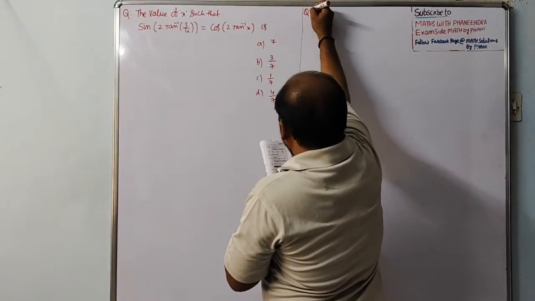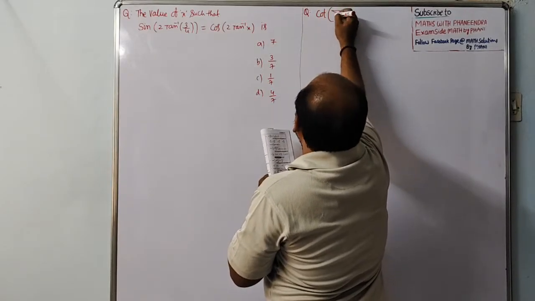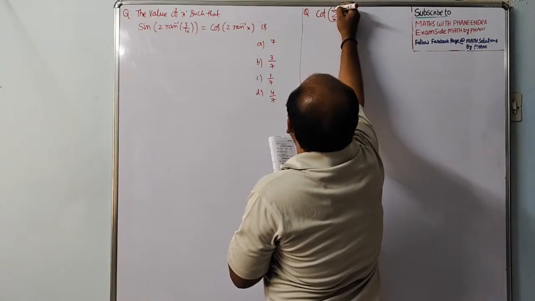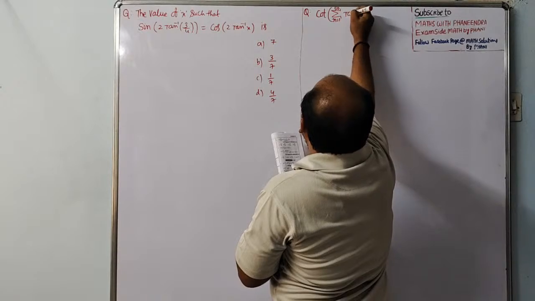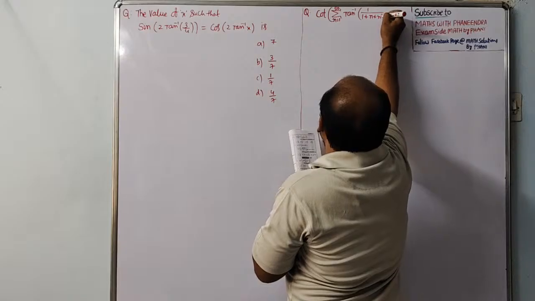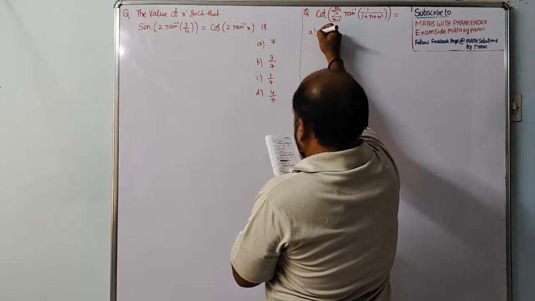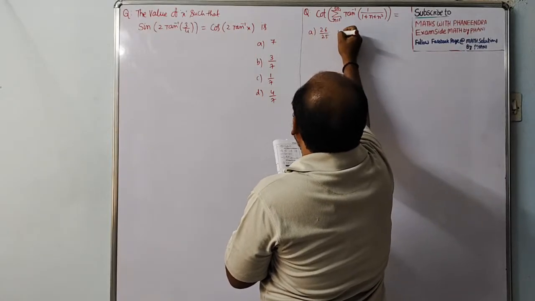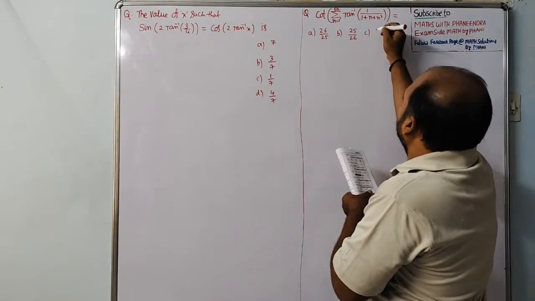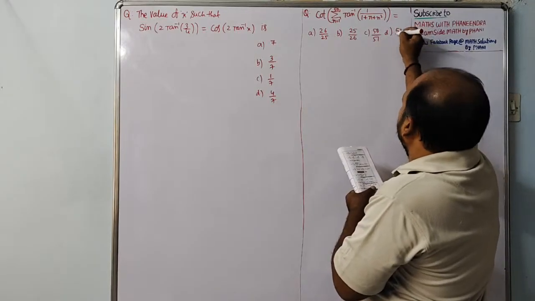The next question here: cot of sigma n is equal to 1 to 50 tan inverse of 1 by 1 plus n square is equal to, so options: 26 by 25, 25 by 26, 50 by 51, 52 by 51.